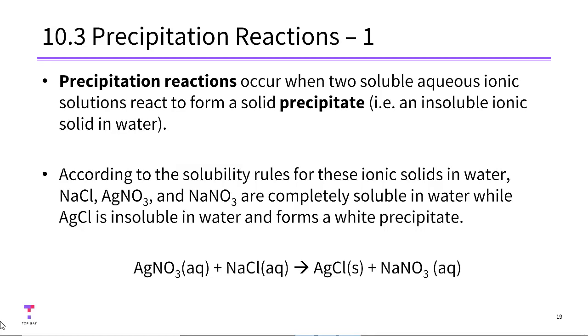I've got sodium chloride. Sodium always dissolves in water, so that one's going to be aqueous. On the product side, sodium nitrate, I've got a double always. Sodium is always soluble, and nitrate's always soluble. And so with silver chloride, by elimination, if I put those together, I get this white solid. That has to be the white solid.